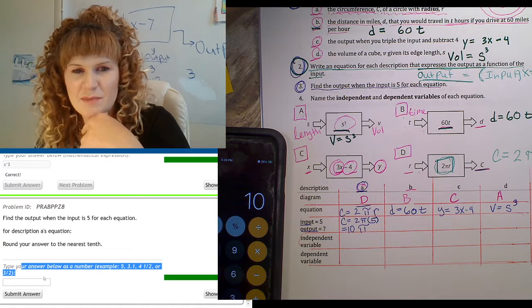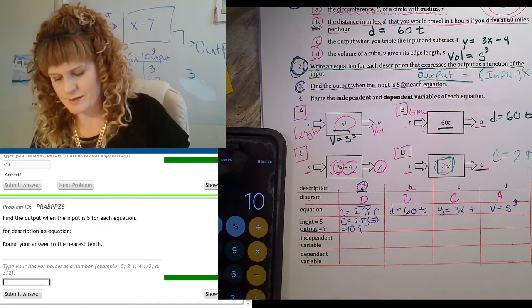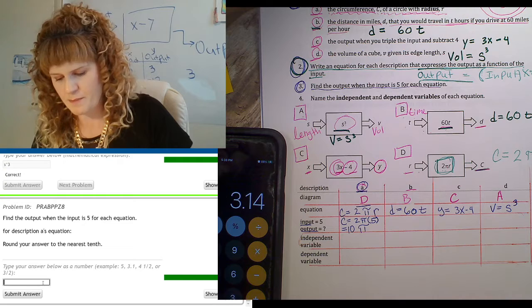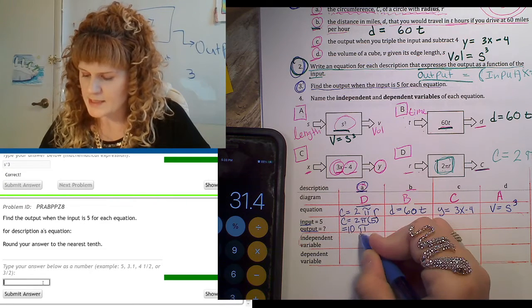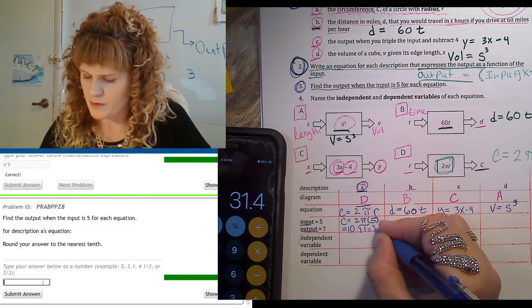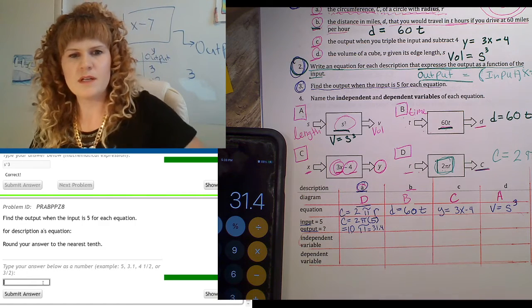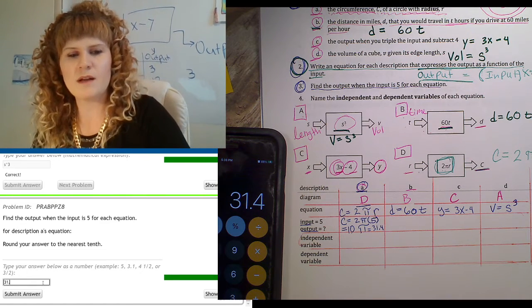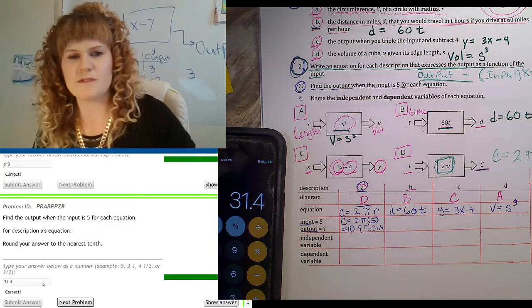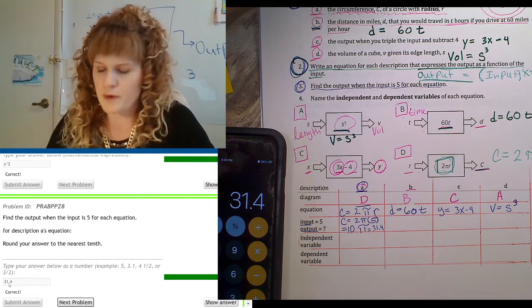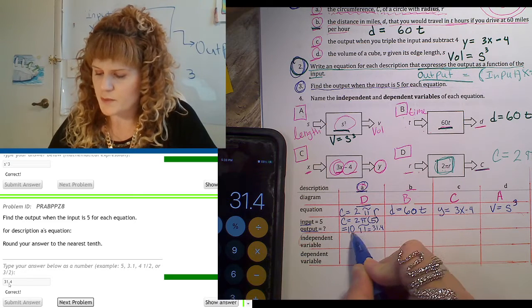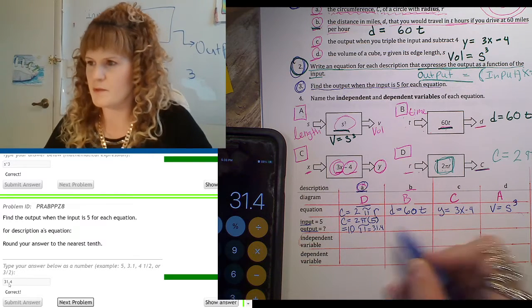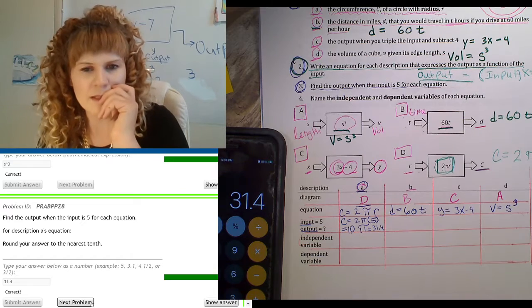It did not tell me to use pi. Okay, pi is 3.14. So this would be 10 times pi. That would equal 31.4. Let's see what I get. I wanted to leave it in terms of pi. Nope. Okay, 31.4. That's 2 times pi times 5, which equals 10 times pi, which equals 31.4. Okay, got it.